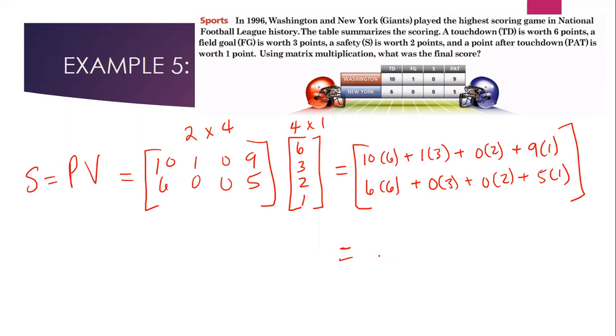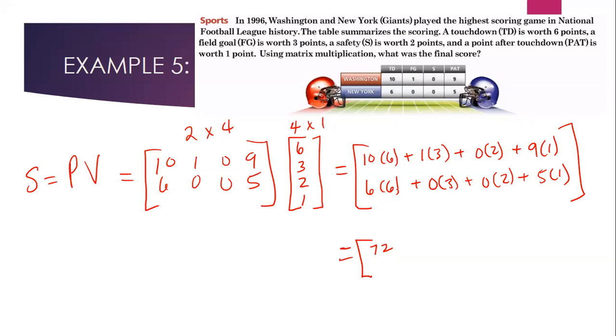So what was the final score? Well, what's 10 times 6? 60. What's 60 plus 3? 63 plus 0 is 63. Plus 9 is 72, right? I don't know, I wrote it so tiny.